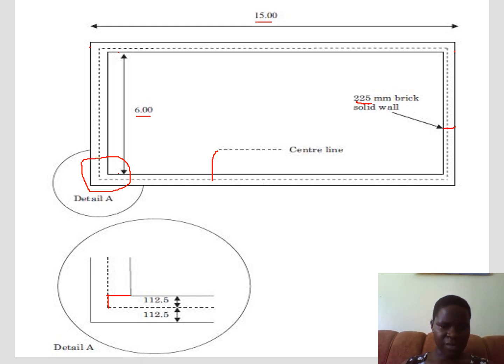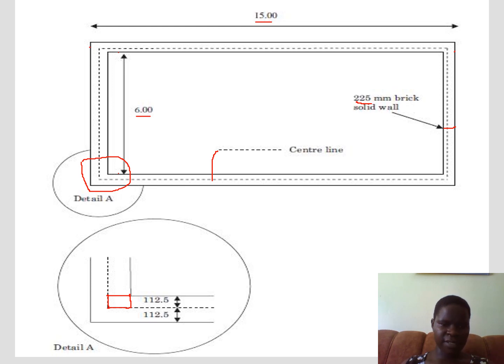And if we transfer again the internal corner to our center line, we have it here. For us to get to the corner of our center line, we need to add again half the thickness of the wall to the internal length.